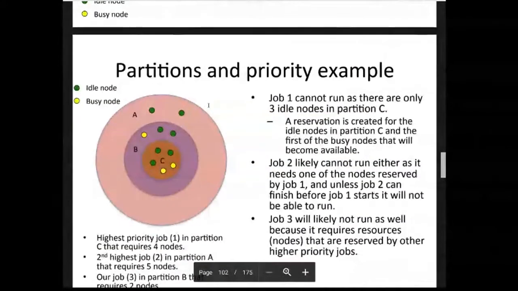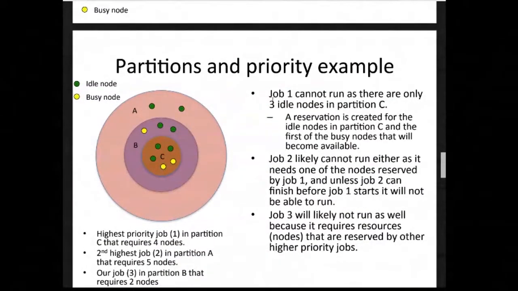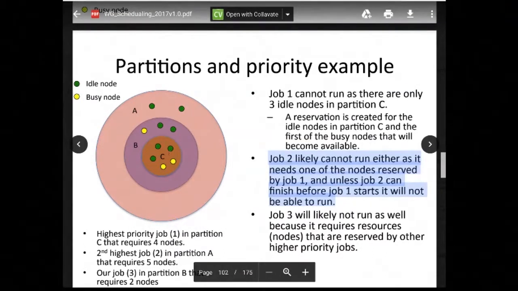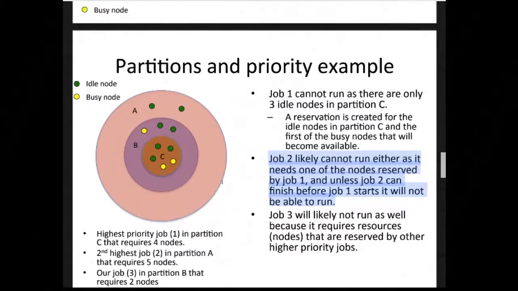But what can happen is that job 1 cannot run as there are only 3 nodes, but maybe one of those nodes will become available sometime in the future. And job 2 cannot run as it needs one of those nodes reserved by job 1, which starts a couple of hours in the future. And our job can't run because job 2 will be running after job 1.